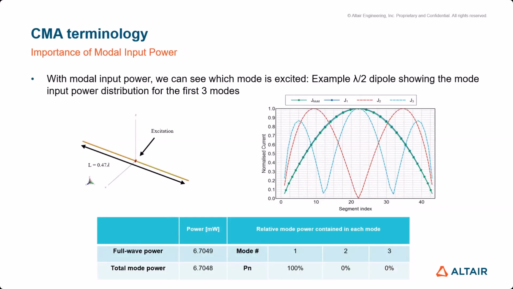The second mode, a higher order mode, has got 2 peaks, and the third mode, in this case, has got 3 peaks over the wire. In this case, at the specific frequency, the first mode is dominant, and we can see that the current distribution for the total solution is very similar to the first mode's current distribution. Also looking at the modal input power, we can see that virtually all the power goes into that first mode.